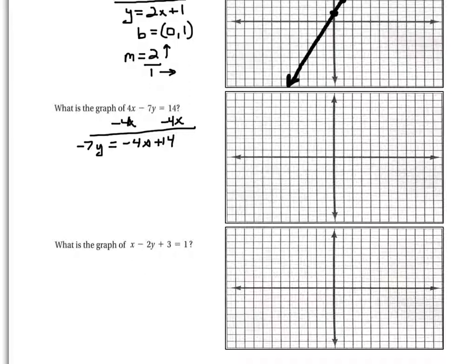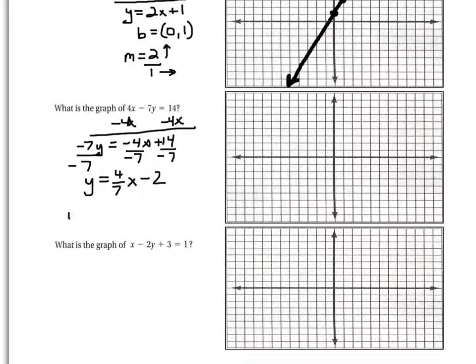Now I've got to get rid of this -7, so I'm going to divide every part by -7. The -7's go away, so y equals positive 4/7 x, and 14 divided by -7 is -2.